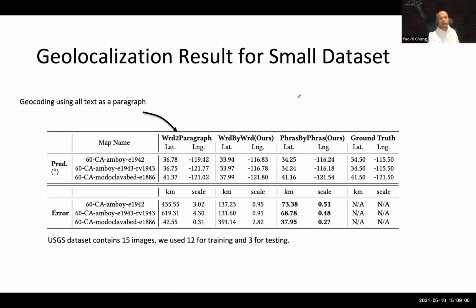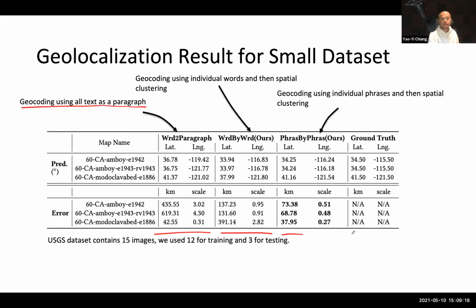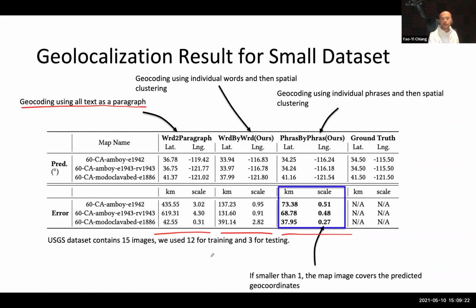All right, geolocalization result. Geocoding using alt text, right? This is the Google AI method. This is the word by word method. And this is Map Curator. One thing that's really cool I want you to look at is that for all these maps, Map Curator puts the results within the map content.